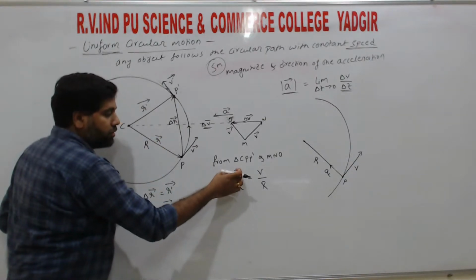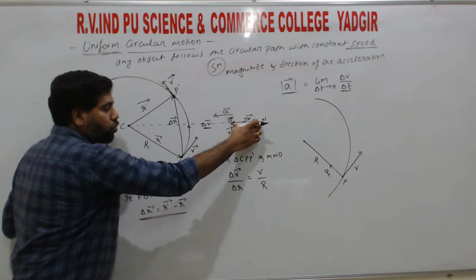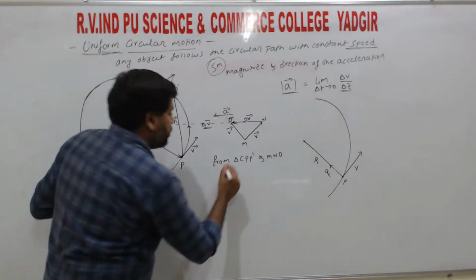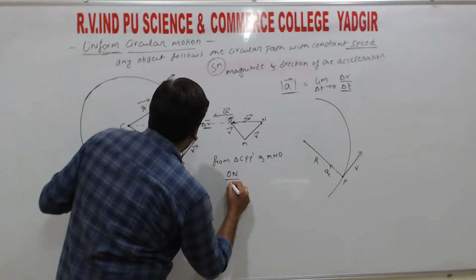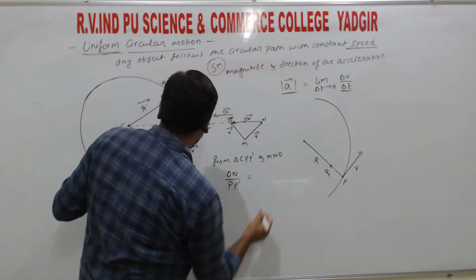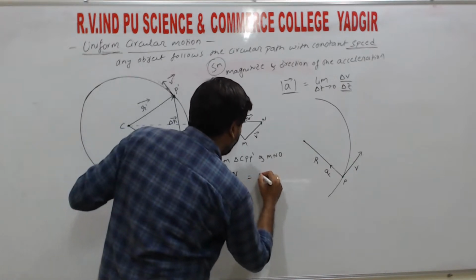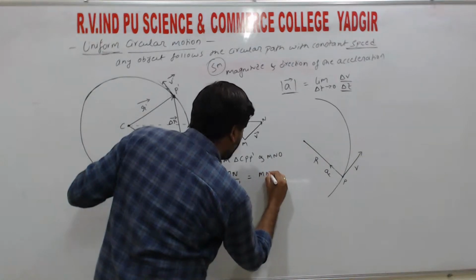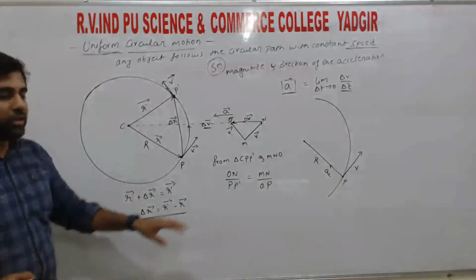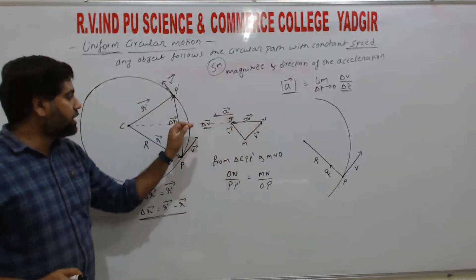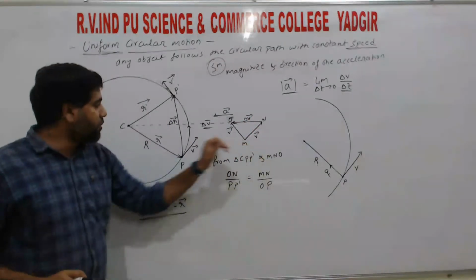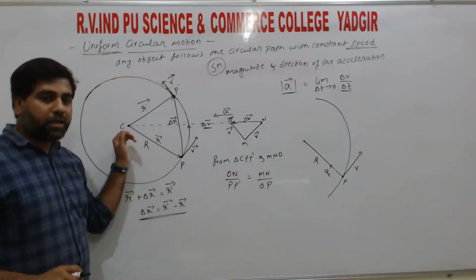So V, this length, that is ON divided by P dash, that is equal to MN divided by OP. So this is the ratio of the change in displacement to the change in velocity, and the ratio of the sides MN to that of the PC.